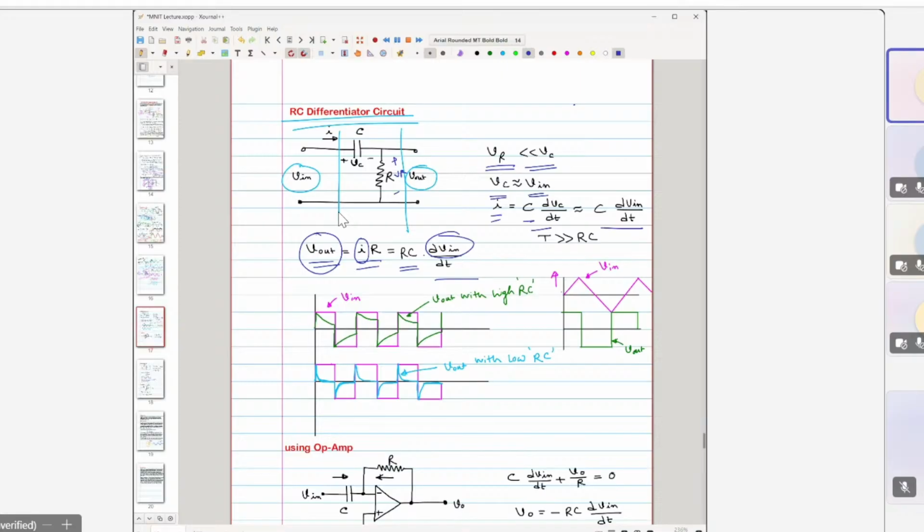So here, suppose you provide a square wave in the input side. Then what is going to happen? As soon as this potential turns on, meaning the signal becomes high, this capacitor starts building up potential, charge, right?